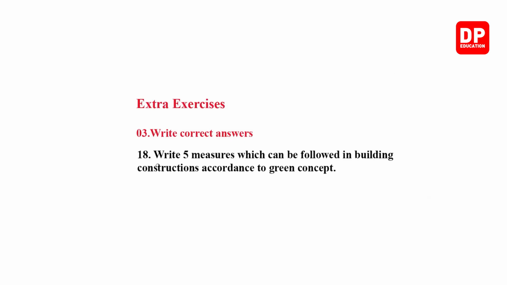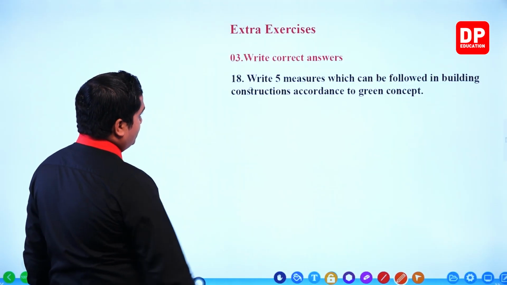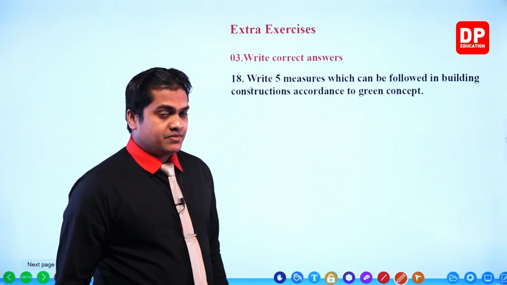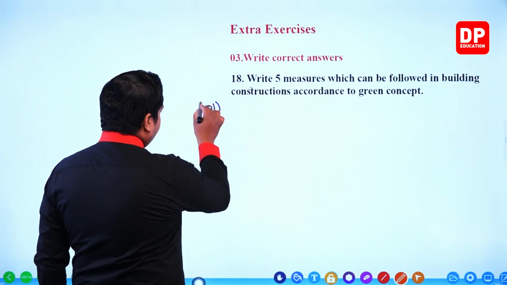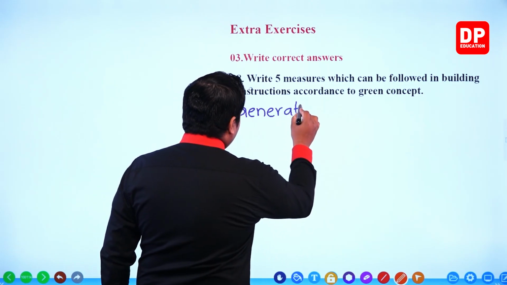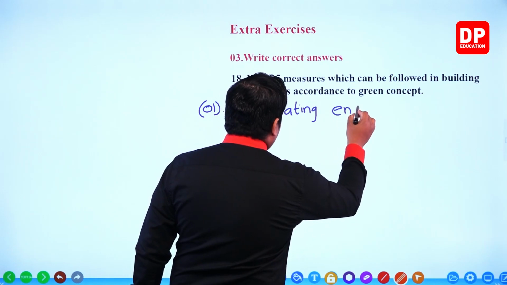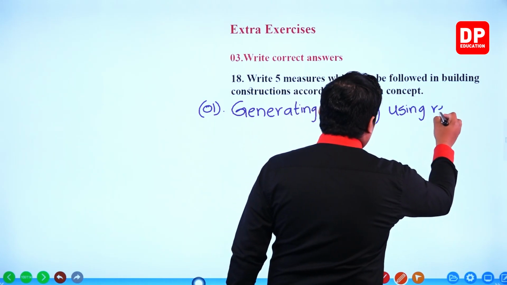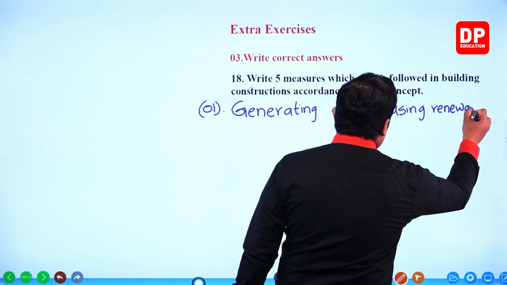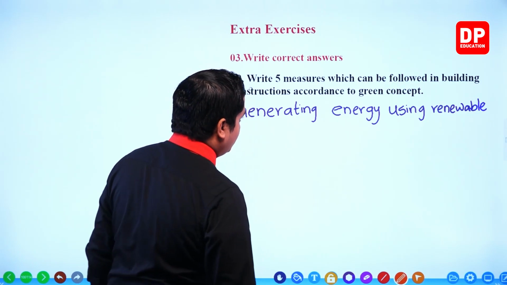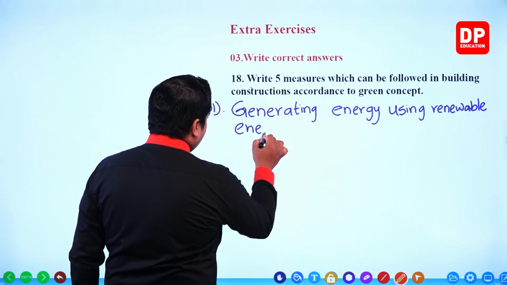Write 5 measures which can be followed in building constructions according to the green concept. So we'll write down the answers. Number 1, generating energy using renewable energy sources.